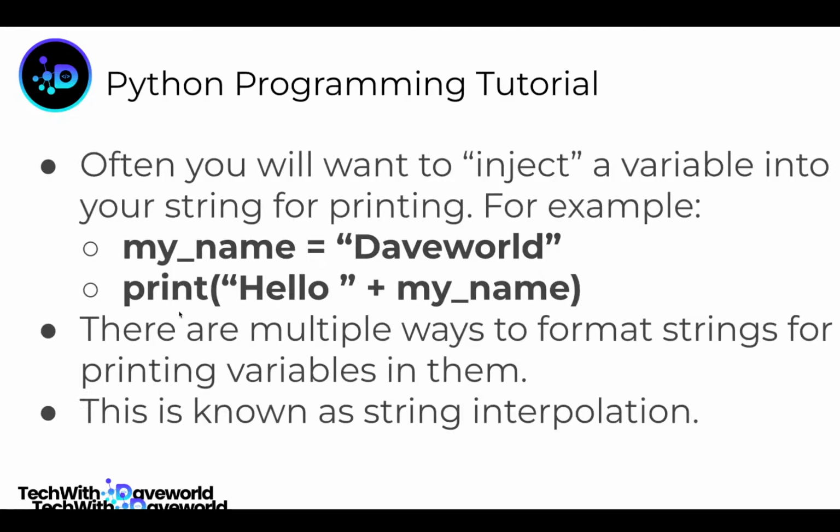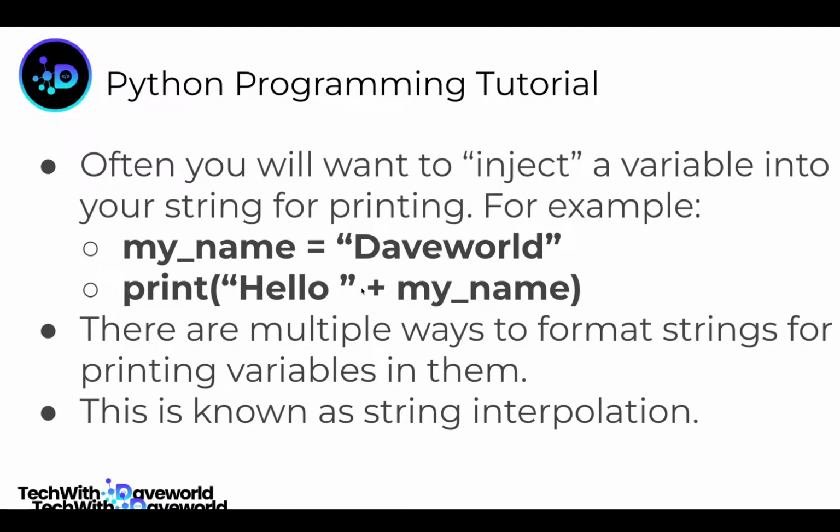Often you will want to inject a variable into your string for printing. For example, I might say my_name equals Daveworld, and print hello plus my_name. What we're doing here is concatenating hello plus whatever variable we have, my_name.